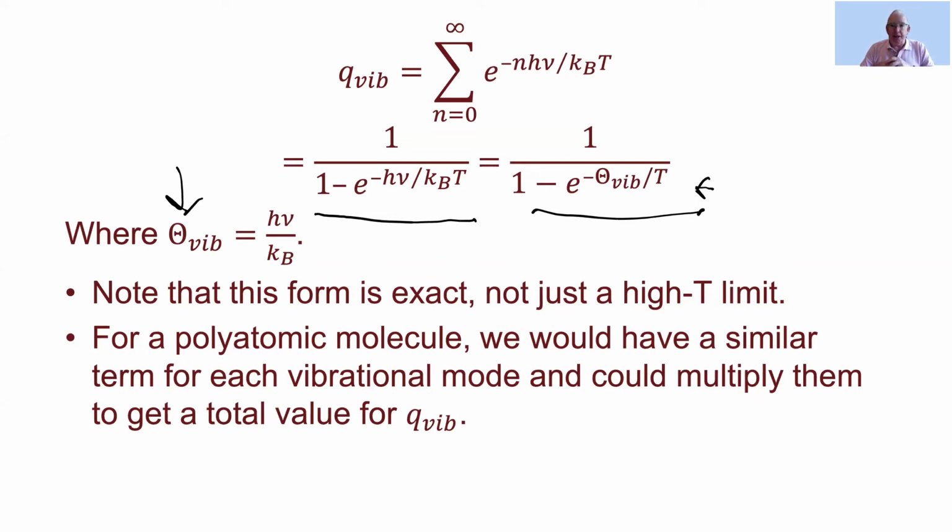In that case, I could multiply together the various terms to get a total value of the vibrational partition function. That's also why, if you look in that table, there are some molecules beyond 2 atoms in the table in your textbook. So you'll see some molecules for which there are multiple entries for those vibrational theta parameters. That just means there's a different one for each vibrational mode.